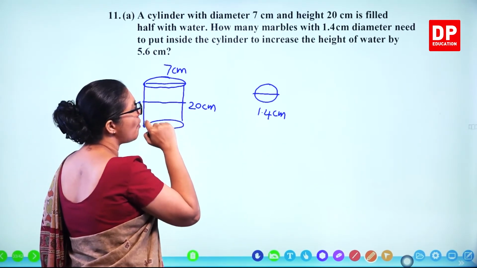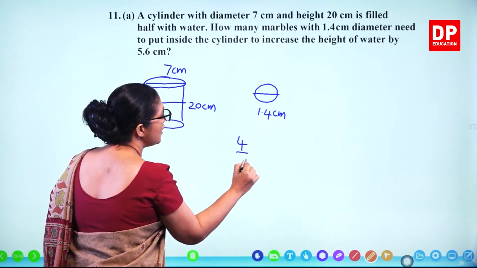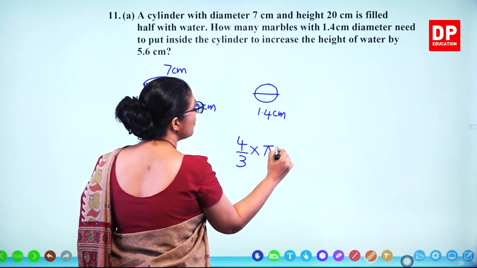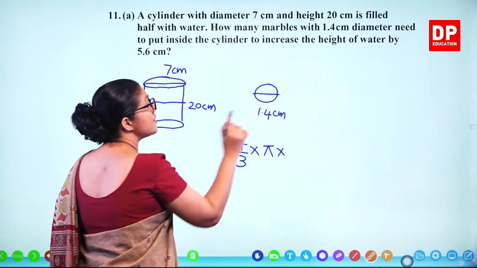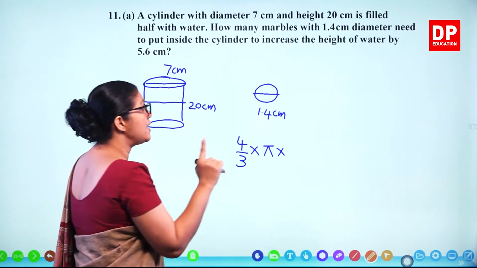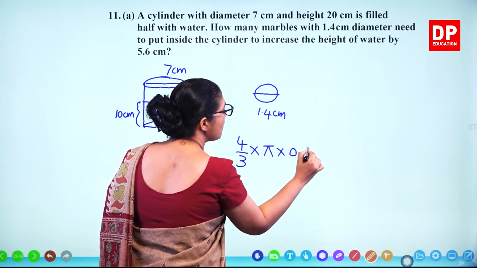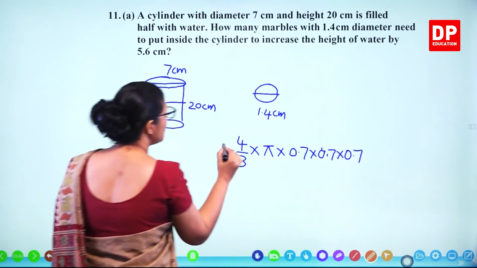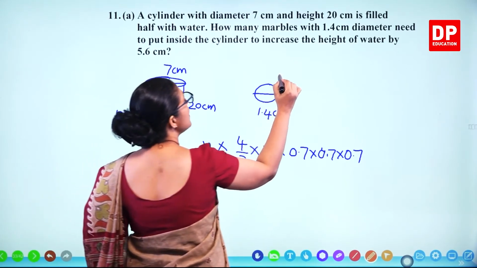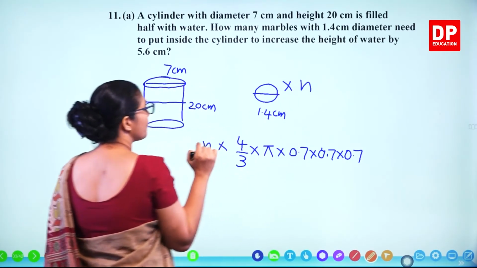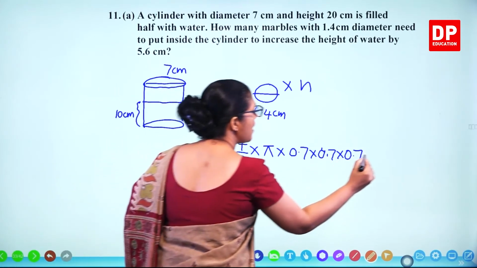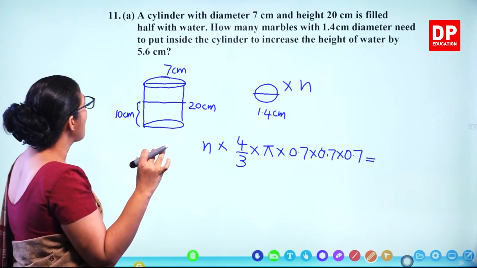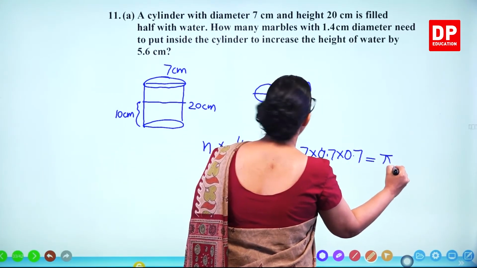So what's the volume of a marble? 4/3 pi r cube. For r cube, diameter is 1.4, so the radius is divided by 2, 0.7. 0.7 into 0.7, into 0.7. We'll put n as the number of marbles we are putting. That volume is equal to the volume of water increased, pi r squared h.